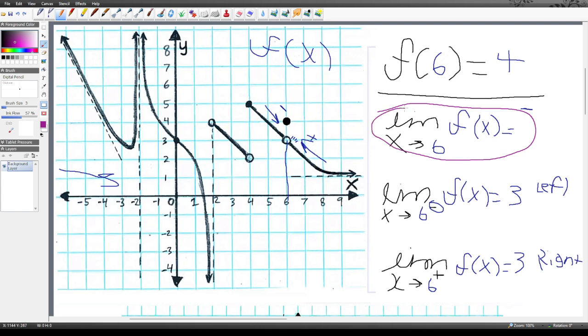This is asking for the limit for both sides, negative and positive, but they both have to be equal. So this will equal 3.